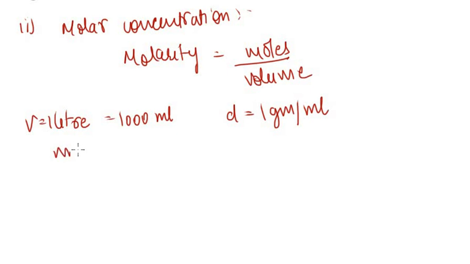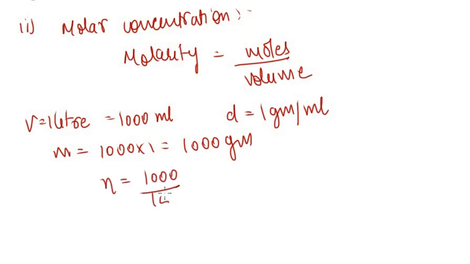So the mass of the water is volume multiplied by density, 1000 into 1, that turns out to be 1000 gram. So the moles of water come out to be 1000 divided by 18, the mass divided by molar mass, that turns out to be 55.5 mole.